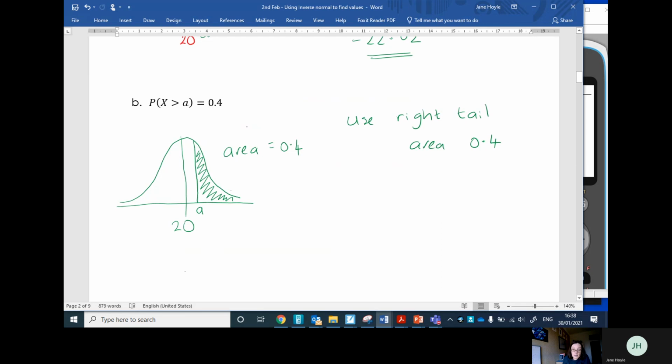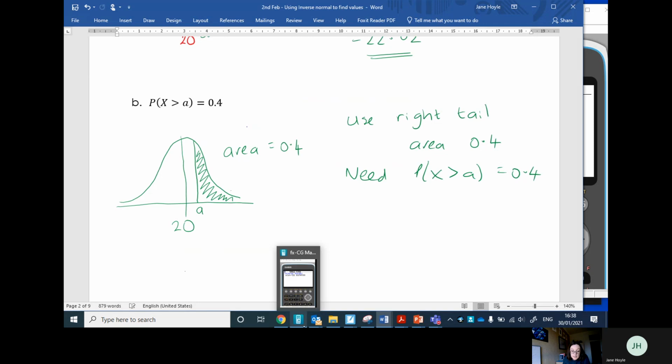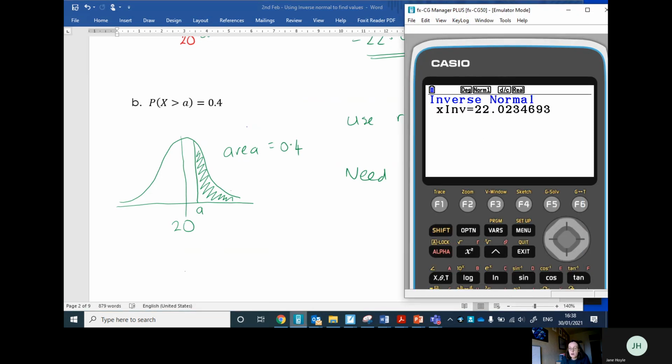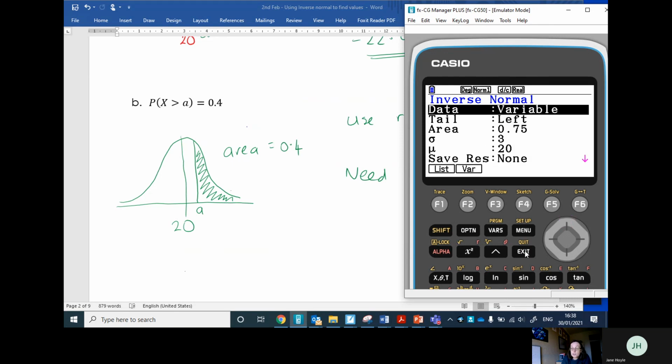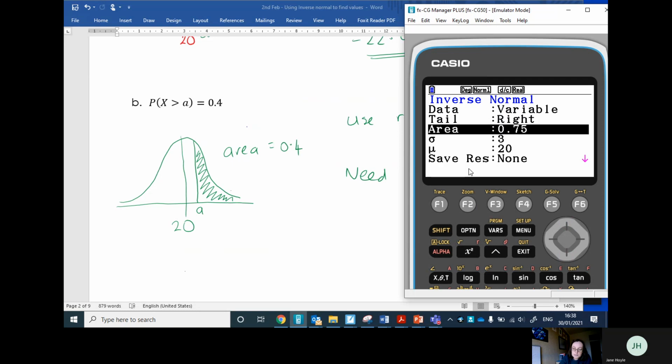And again, there's nothing else I can really do working wise, and I need the probability that X greater than A is 0.4, but that is just really stating the question. We just go to the calculator, we type in the things, so it's the same distribution, but what I want to change now is that tail to the right hand one, and my area is now going to be 0.4.